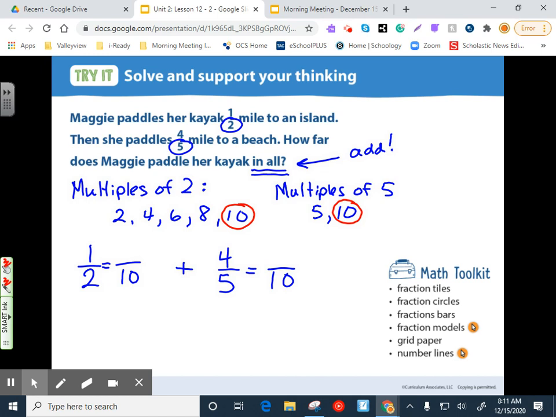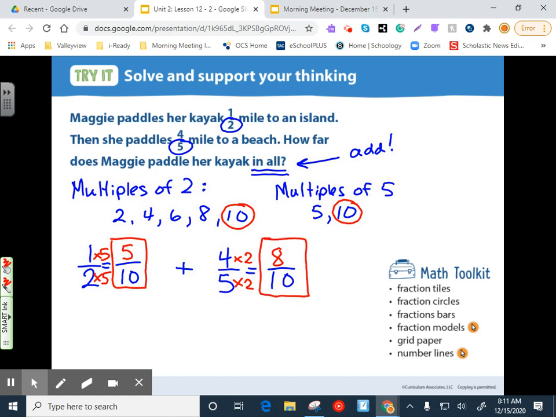So we have 2 down here for this denominator. To get it to be a 10, we need to multiply by 5. We do that for top and bottom. So that gives us 5/10. For this 5, we got to multiply by 2 to get to 10, which means we do the same at the top. And it means we get 8/10.